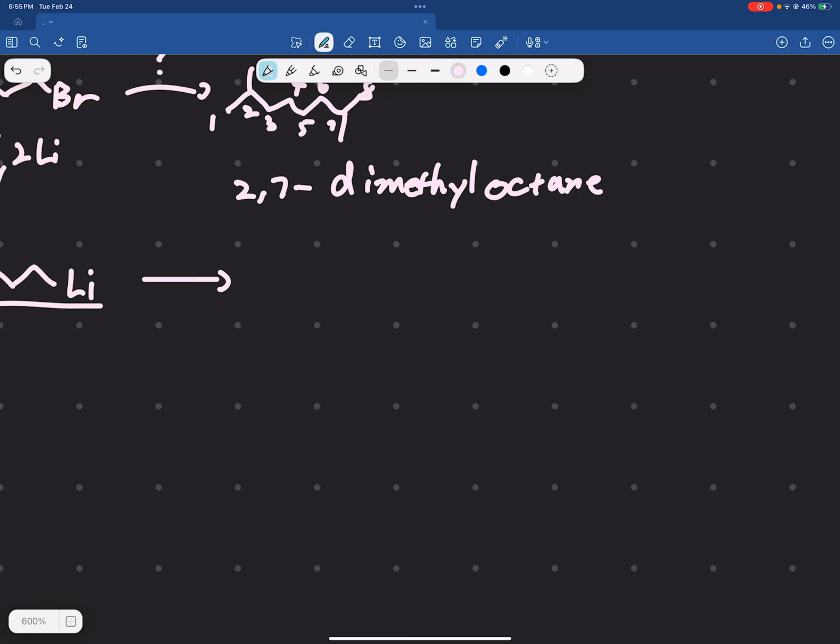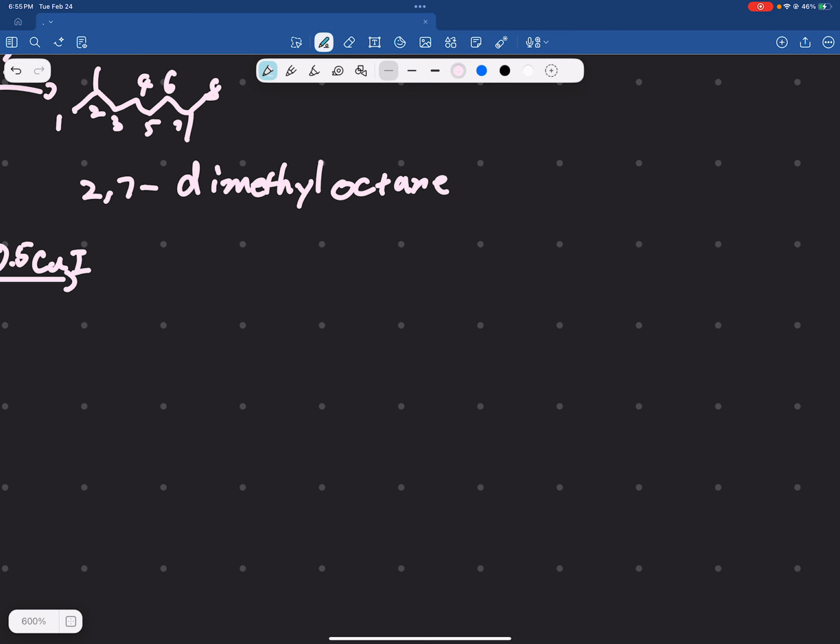And if we react this with 0.5 equivalent of copper iodide, it's going to form this diorganocopper lithium compound.